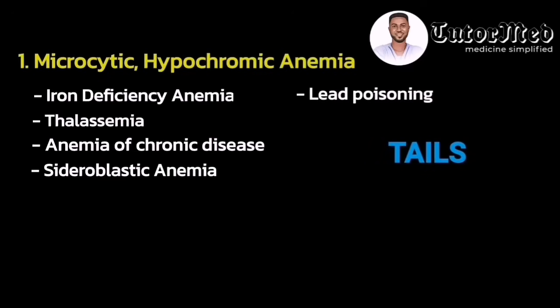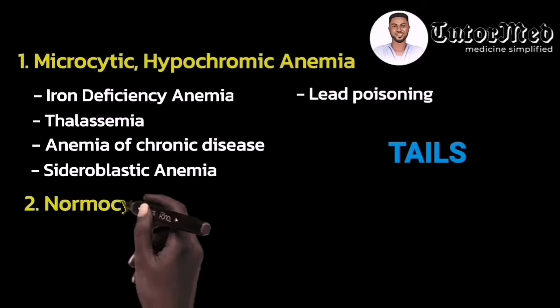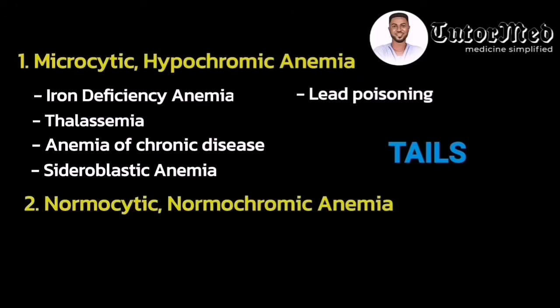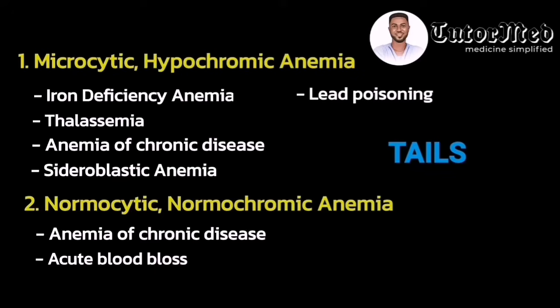T for thalassemia, A for anemia of chronic disease, I for iron deficiency anemia, L for lead poisoning, and S for sideroblastic anemia. Then the next is normocytic normochromic, normal size, normal HB. The causes are anemia of chronic disease, acute blood loss, and then most hemolytic anemias.